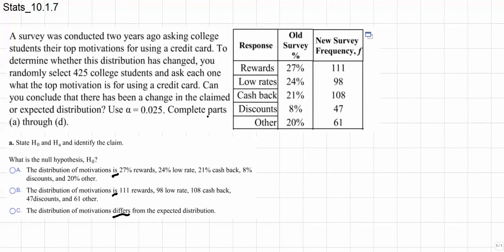But we're trying to find out, can you conclude that there has been a change? So my null hypothesis is that the distribution of motivations is 27% rewards, 24% low rate, 21% cashback, 8% discounts, and 20% other, because that is our original survey data. We're trying to find out if there's been a change from that.